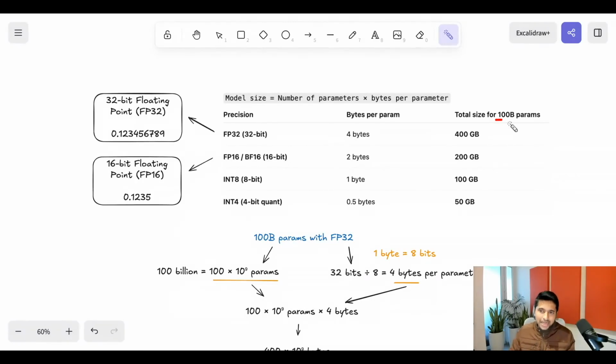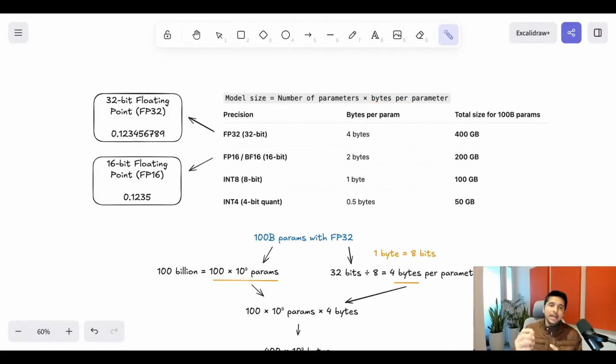When you have 100 billion numbers stored in the parameters.bin, that file becomes huge. How do we calculate the model size? We take the number of parameters, effectively 100 billion here, and multiply it with the bytes per parameter.